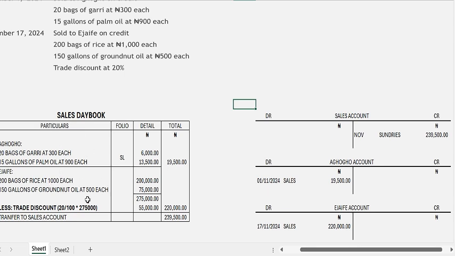Then the essence of the sales daybook is to capture all the credit sales for the period, then get the total amount, which is like this, that will be transferred to the sales account, 239,500, which is this amount, and I demonstrated how we arrive at this figure.